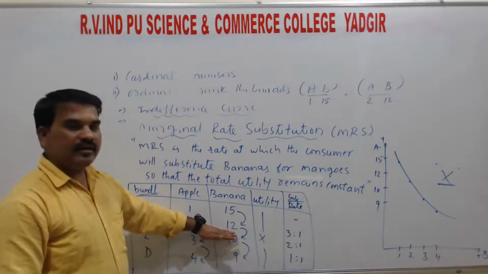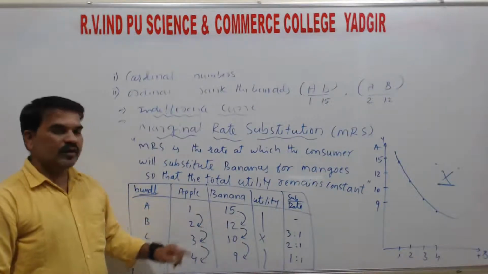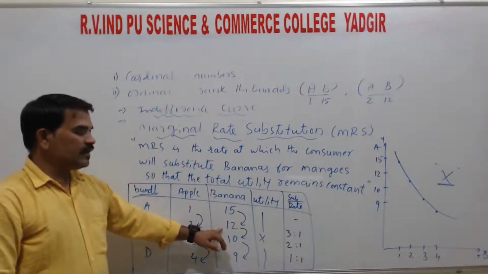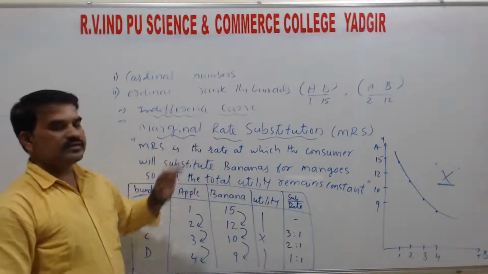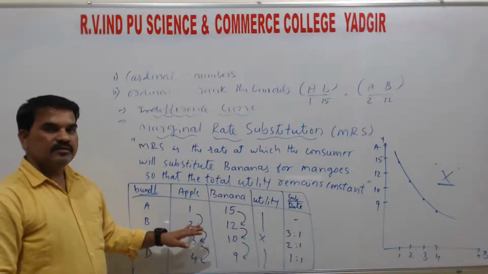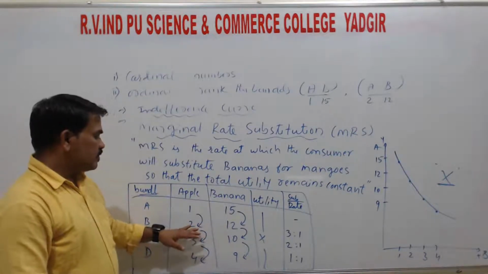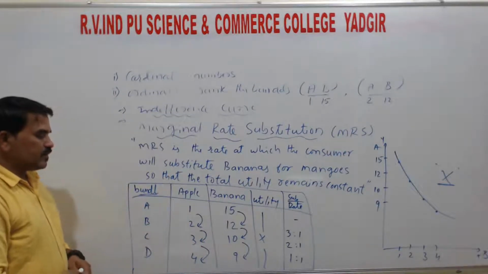And what is the rate here of substituting these products, apple for banana? That rate we call marginal rate of substitution. What is the rate of substitution he is considering here to select the different combination?